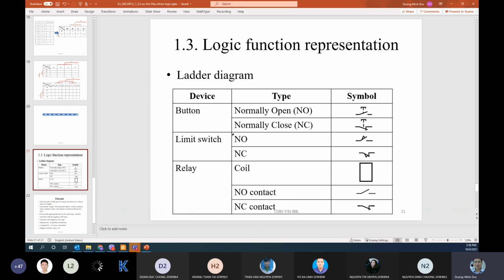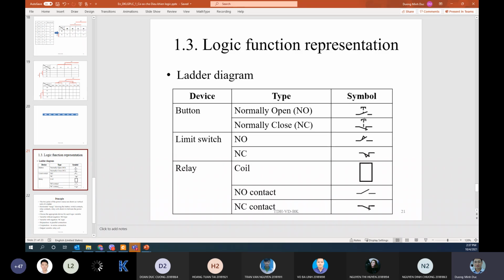In the other way, we have the normally closed button. A normally closed button in the normal case is closed: the two electrodes are in contact with each other.